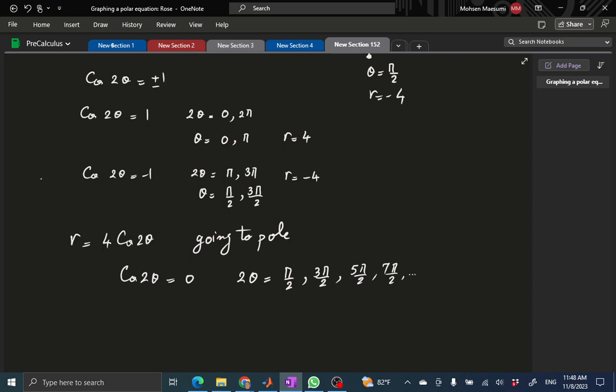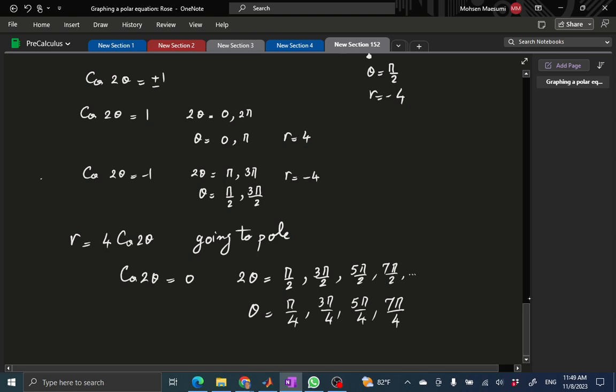So theta itself is going to be pi over 4, 3 pi over 4, 5 pi over 4, and 7 pi over 4. We typically stop at the range of angles between 0 and 2 pi, unless there are other reasons to go further. So these are the angles at which we are approaching the origin.